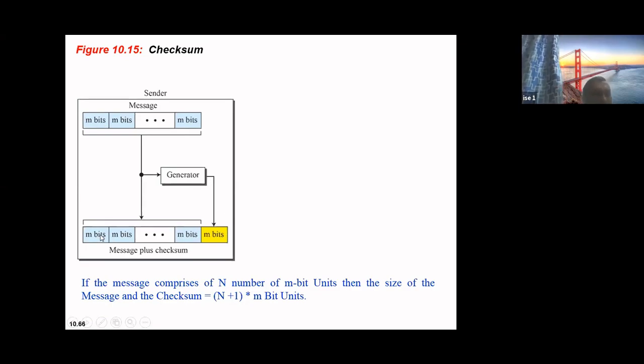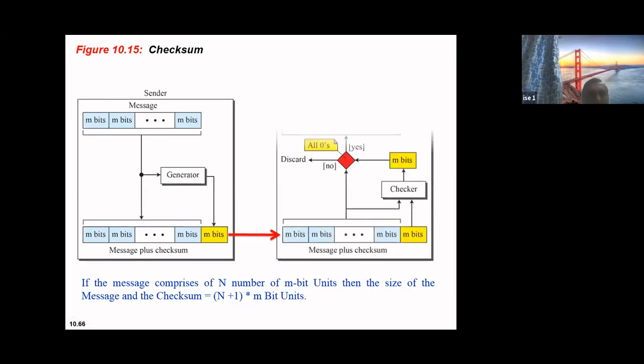So the total size will be 5 plus 1, 6 m bit units. This will be the checksum. Now this checksum is sent along with the message.